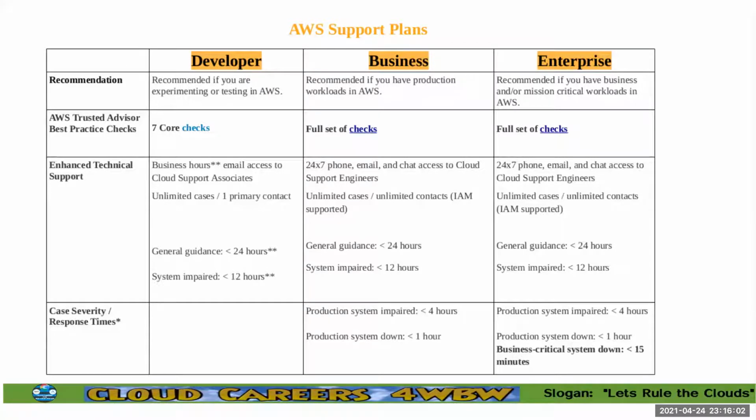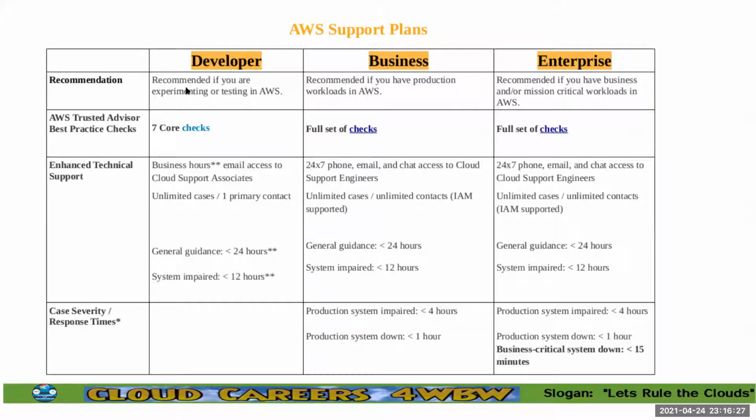For a website that maybe you are just selling things, it's okay if it goes down for a certain amount of time and then you try to bring it back, or a website that is just for the company, it's production, but it's not very critical. But if you are running something like cryptocurrency, and it's a very critical service, you should be thinking of enterprise. So the first thing is to know when you should use those support plans.